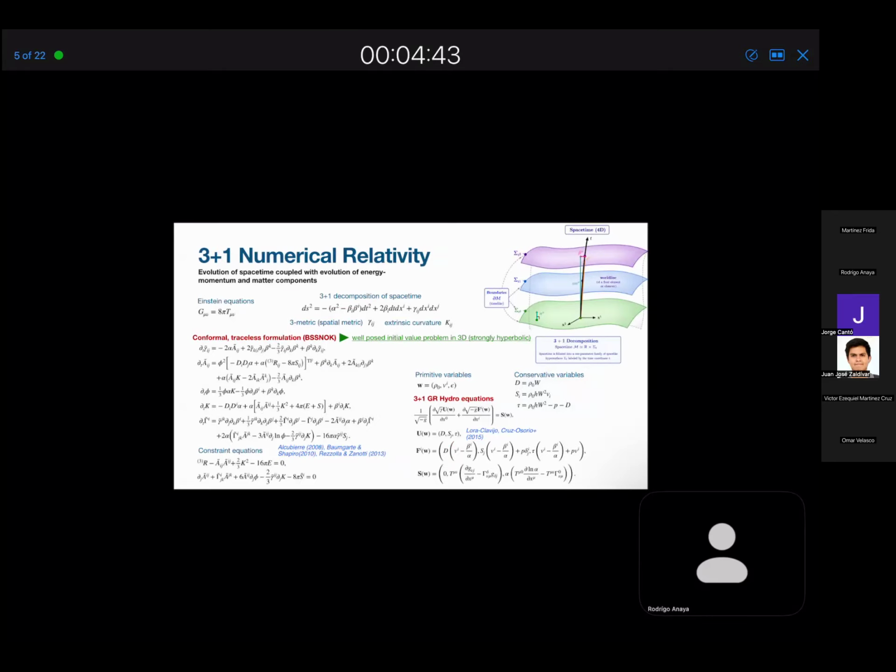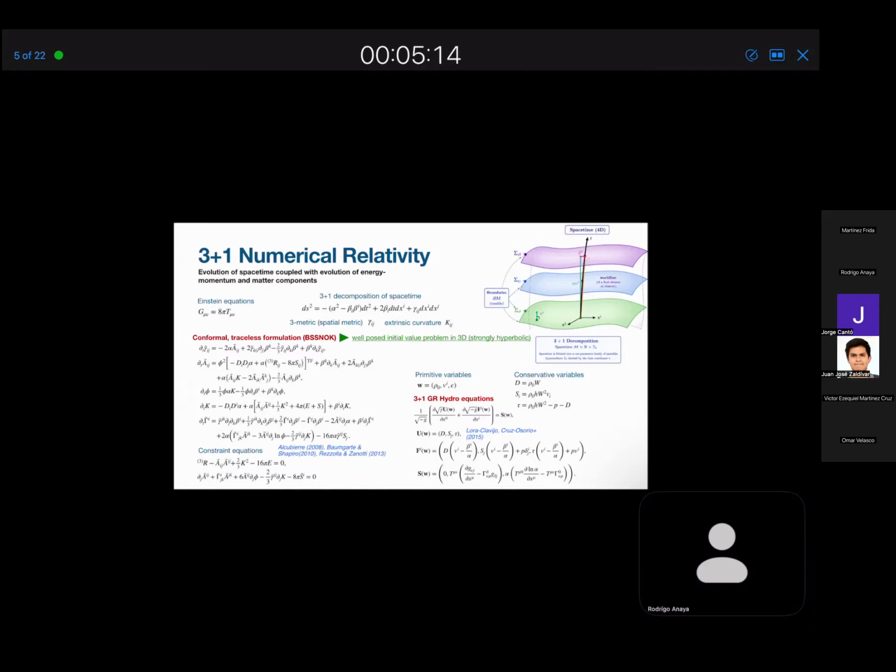For the scope of my work, I am using numerical relativity in its 3+1 decomposition formulation. My intention with this is to evolve the space-time and also its matter-energy components. For this, we write down the line element for our spacetime in this fashion.